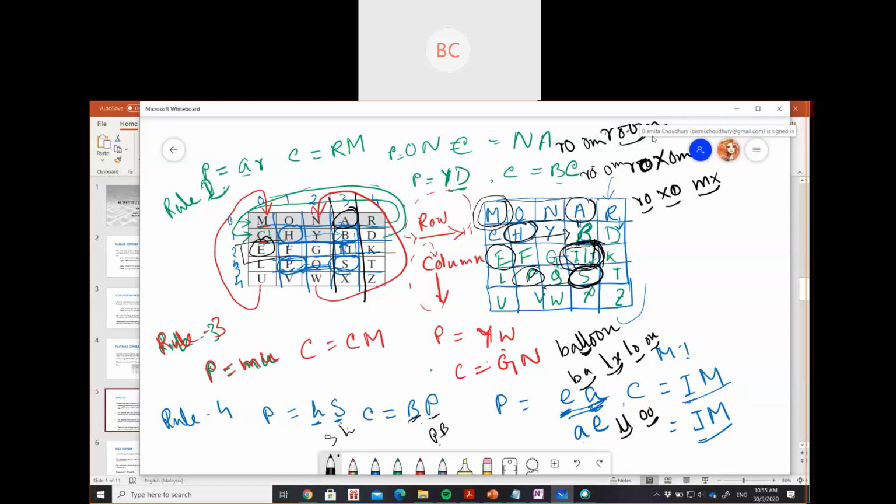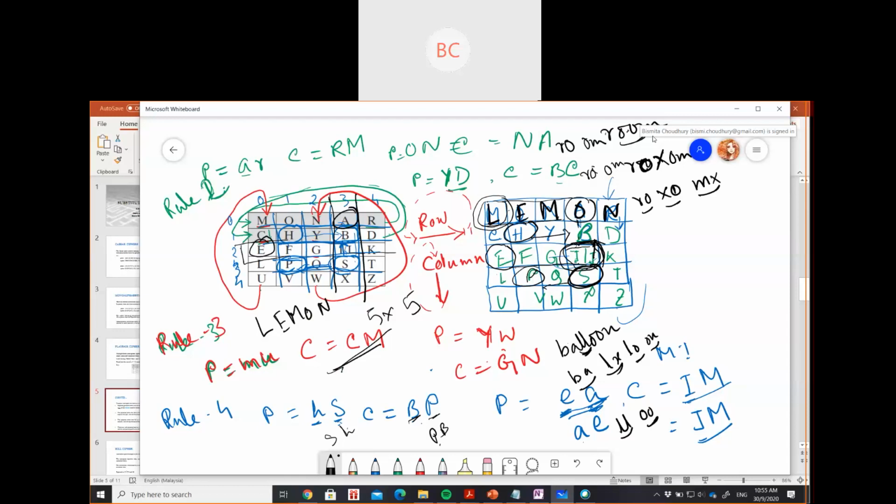You can try with other letters. A keyword will depend on you. Okay, for example, you want to take the keyword lemon. Take lemon. Then you can construct your own 5 by 5 matrix with the help of lemon. So your matrix should be 5 by 5. You are going to put LEMON first, so your first row is already filled up.